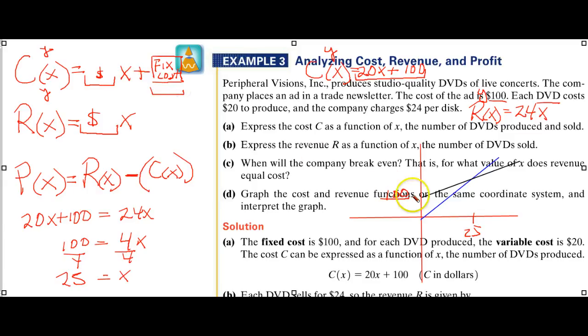That was your fixed cost. And then it went up. And then right there at some point, the lines crossed one another. So this was the break-even point when you sell 25 DVDs. After that, you start to make a profit.